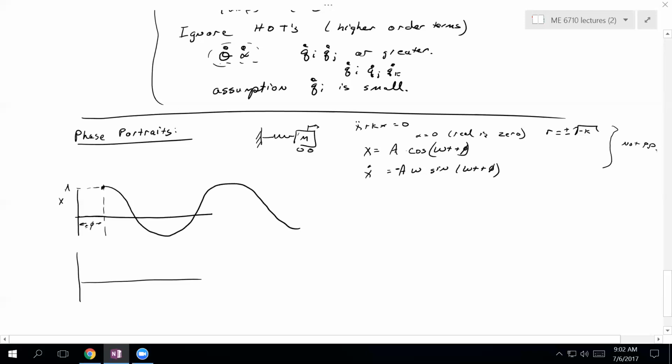This is my A amplitude. Of course, this is my omega. Now here's my t. And then my x dot over that same scale, when t equals phi, I'm going to get 0, go down negative, come back to 0, positive, come back to 0.